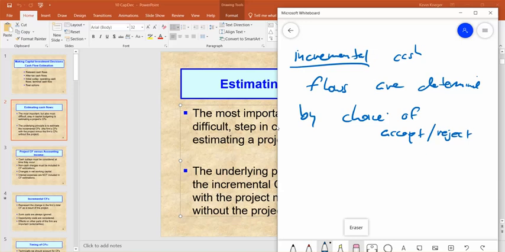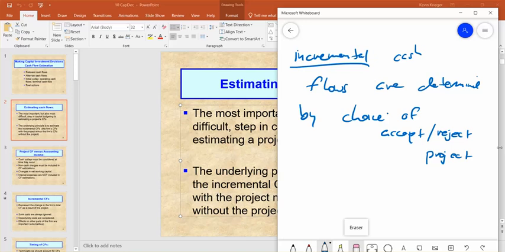Your decision to take on the project, if that brings in a cash flow, then it's incremental. Or if your decision to start a project stops an old cash flow, that's also incremental and should be included when you're analyzing a project.